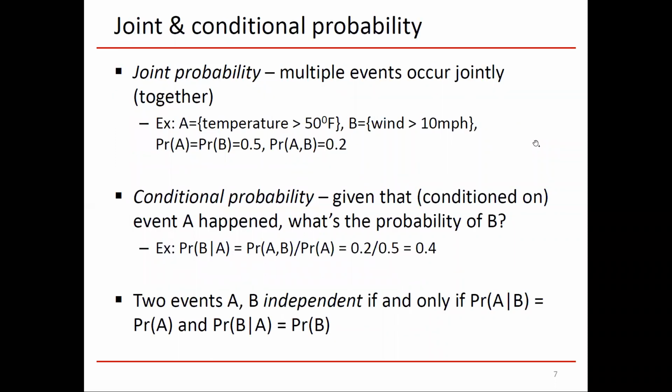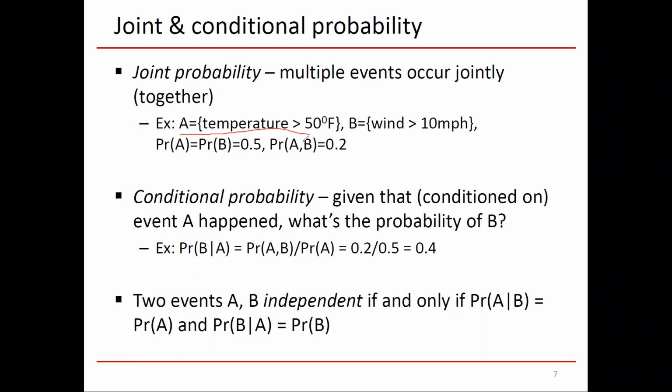The next concept is going to be joint and conditional probability. The joint probability is a probability for multiple events occurring jointly, and the word jointly means together. As an example, imagine that we have two different events. A will be the event that corresponds to temperature being above 50 degrees.